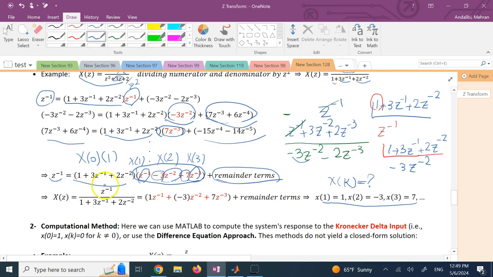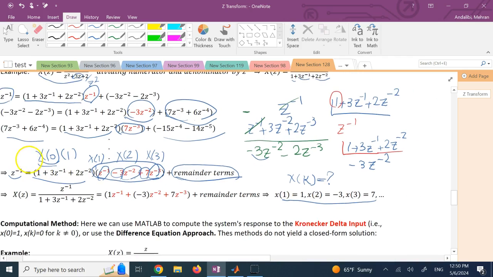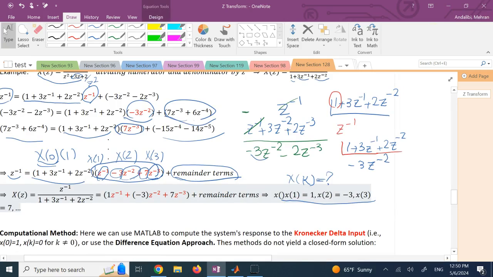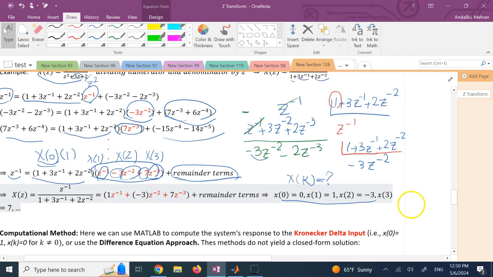Since you don't have any constant term here in this quotient, that means x of 0 should have been 0. So in this case, if you want to add one thing, you can say that x of 0 was also 0. Okay? So here you could get 4 terms.